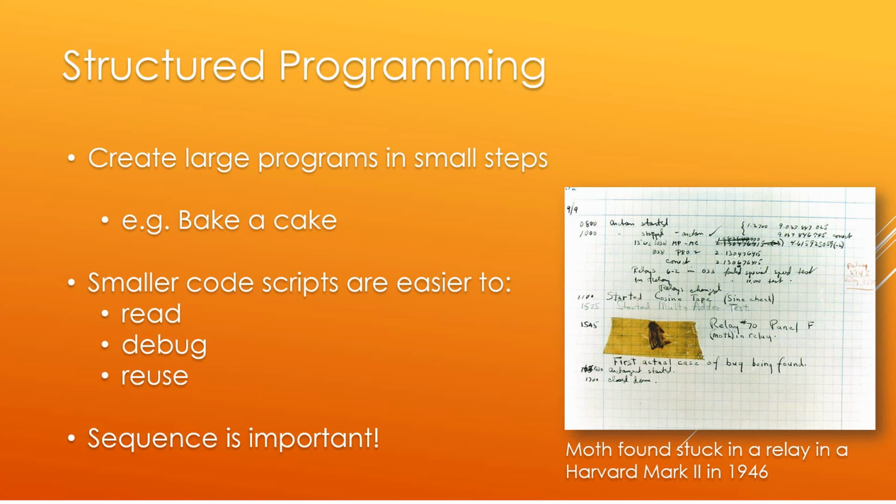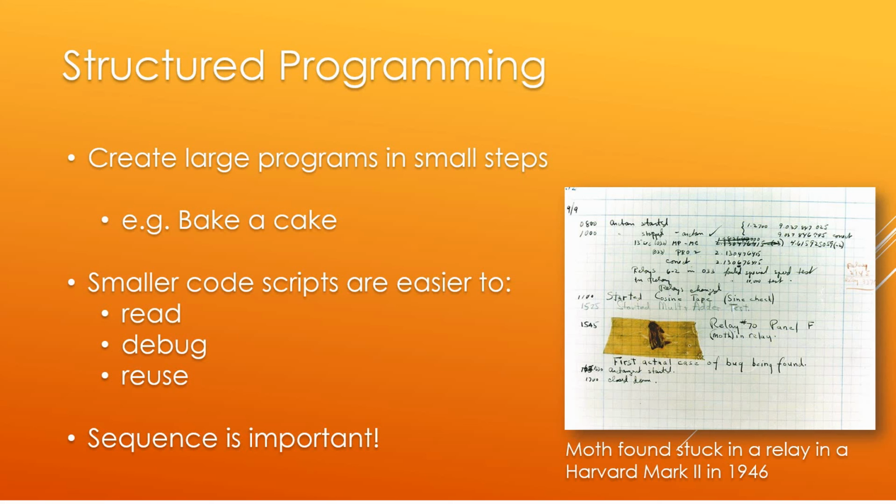Now, just out of interest, you can see on the right hand side of the slide there's a picture of a logbook with a yellow piece of sticky tape, and under that sticky tape is a moth. That moth was found stuck in a relay in a Harvard Mark II, which was a computer built around 1946, and that bug was causing the relay to malfunction and hence the program in the computer to malfunction.